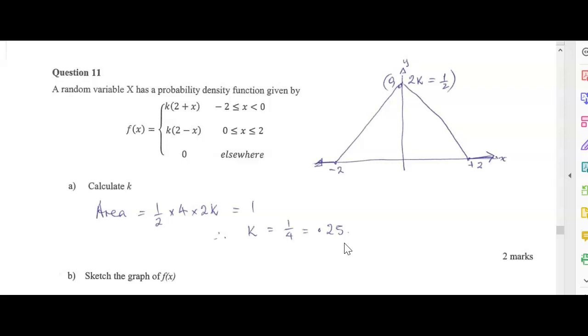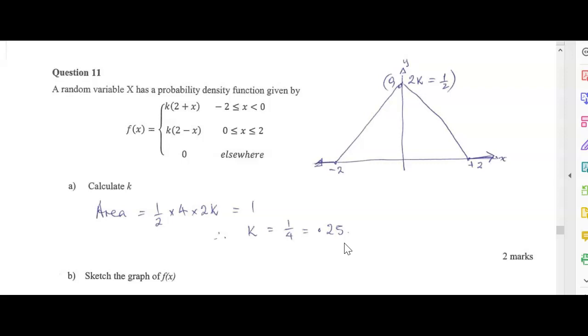Now, part A, first of all, you have to calculate k. Remember, they've used the area of a triangle formula, so they've worked backwards.